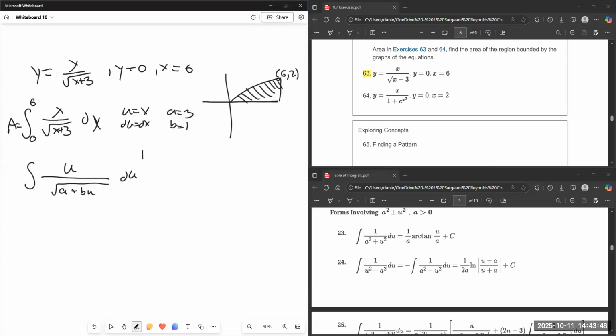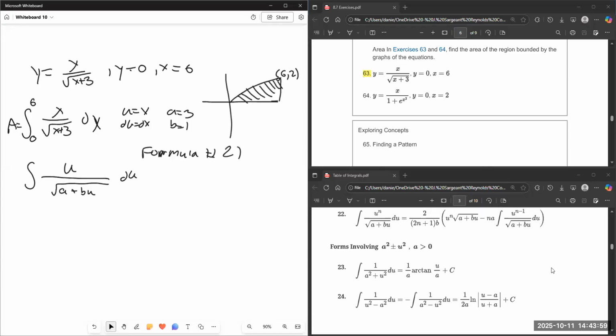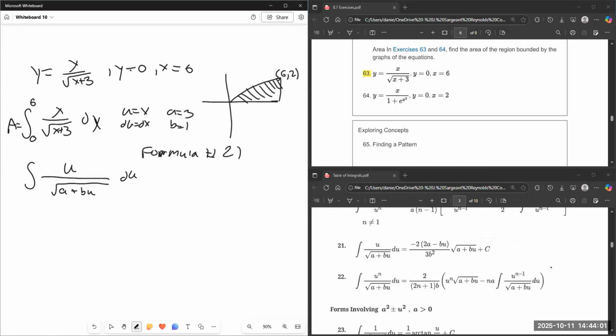And this is going to be formula number 21, which is right there. And that equals negative 2, 2a minus bu over 3b squared, root a plus bu, plus c.